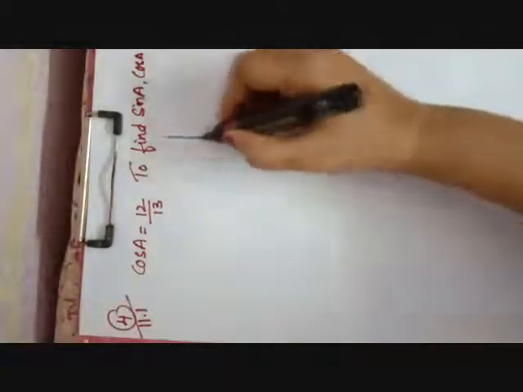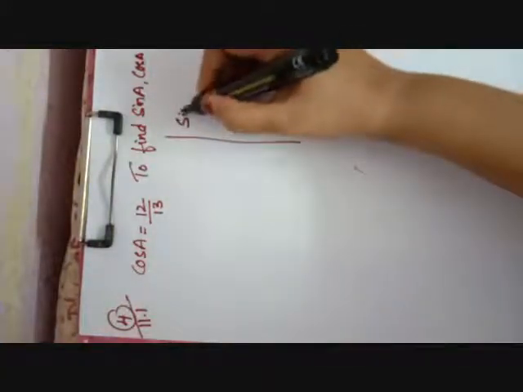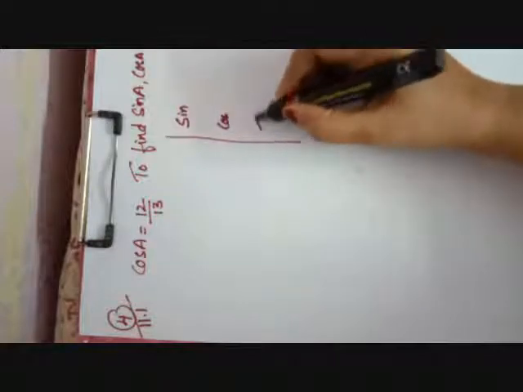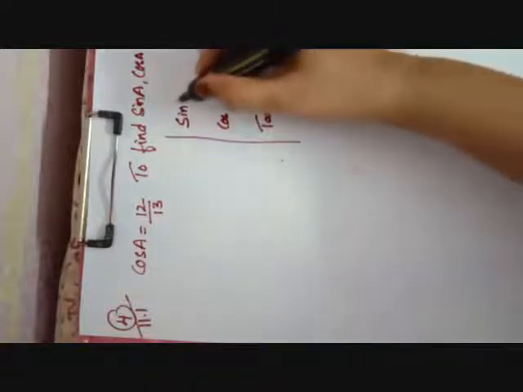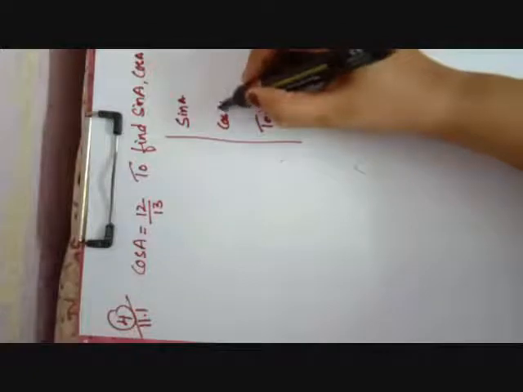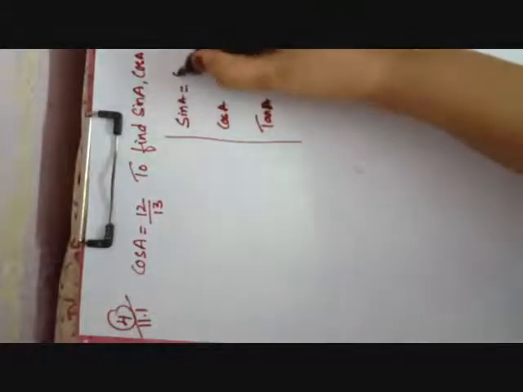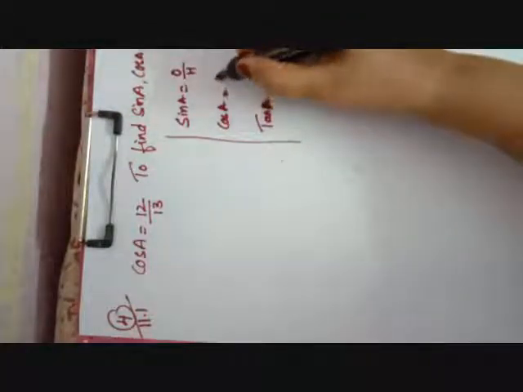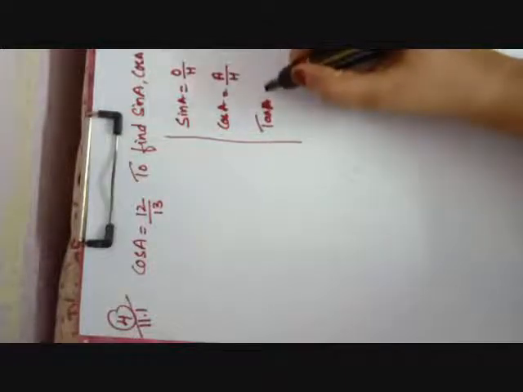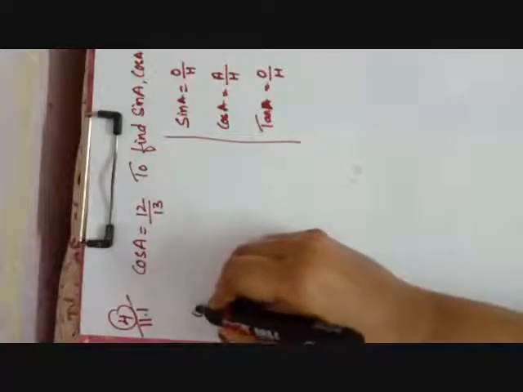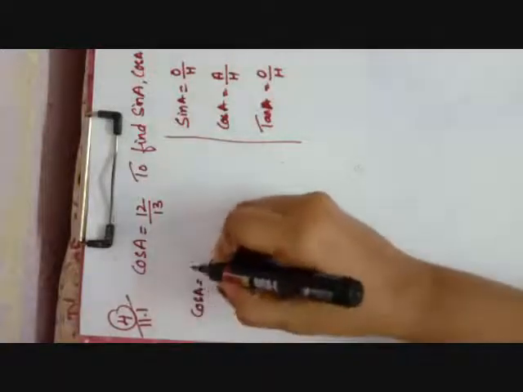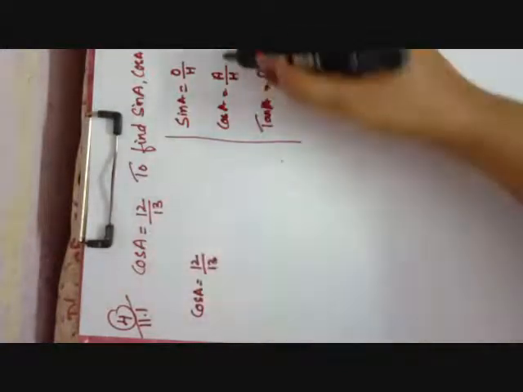Let's revise again: sin, cos, tan. Sin A, cos A, tan A. Old Henry and his old aunt. What is given? Cos A is equal to 12 by 13. What is the cos formula?